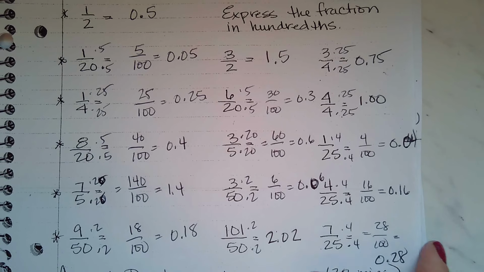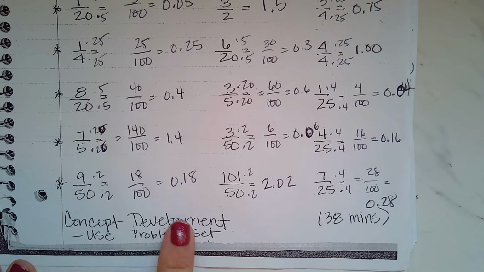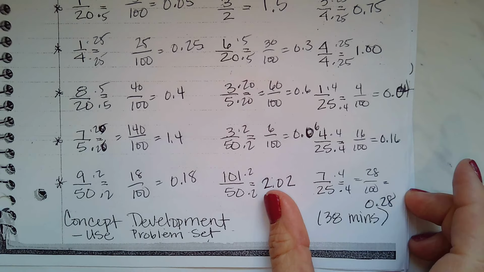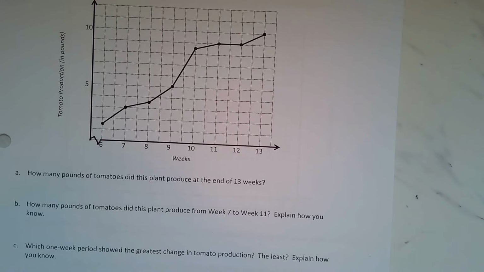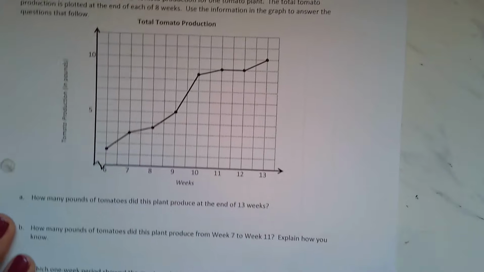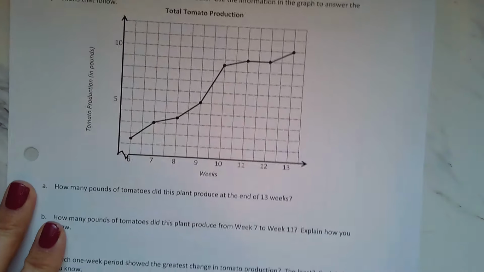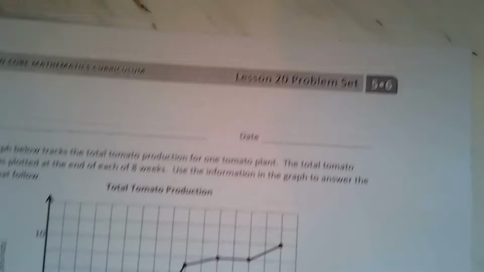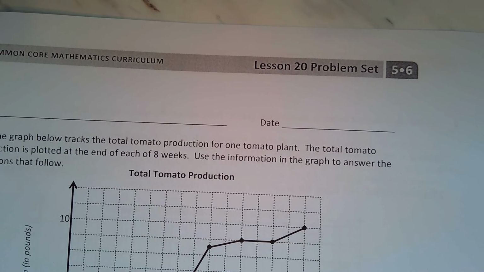All right, that is it for our fluency practice. We are now going to start with our concept development. You're going to need your problem set packet. You're going to be looking at page 304, where at the top it is Module 6, Lesson 20. We're looking at the problem set.